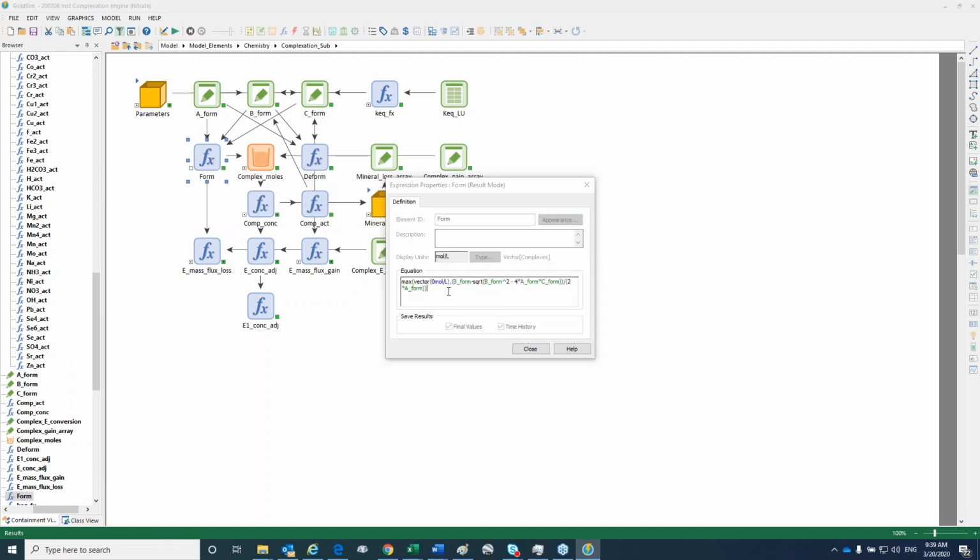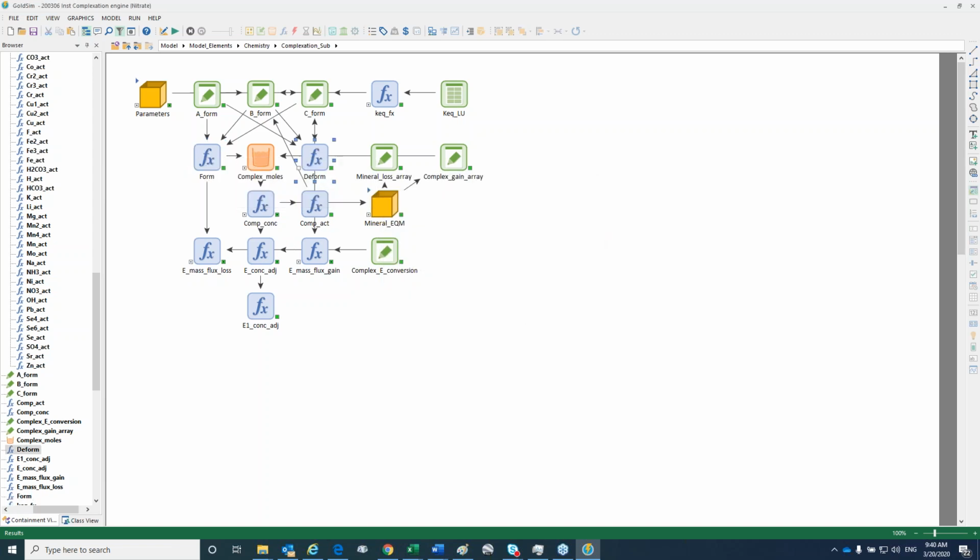I know that I talked about this being complicated, and I'm very, very sorry. It's just there's probably a lot to cover, and I'm going through this at a pretty rapid pace. And I apologize, it's just there's a lot to cover. But basically all we're talking about here is the formation and the deformation, and we're accounting for the mass flux or the mass change through a conversion table.